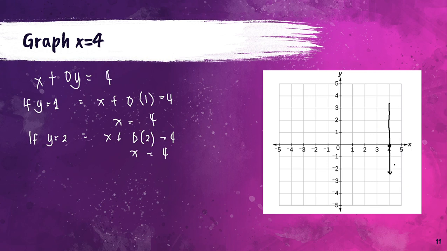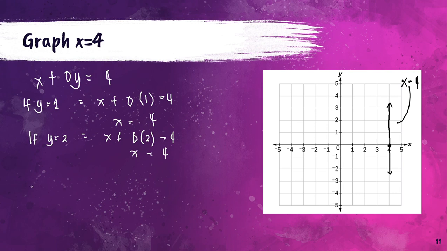So the graph of x is equal to 4 is a vertical line passing through the point 4, 0. Again, the graph of x is equal to 4 is a vertical line that passes through 4, 0.